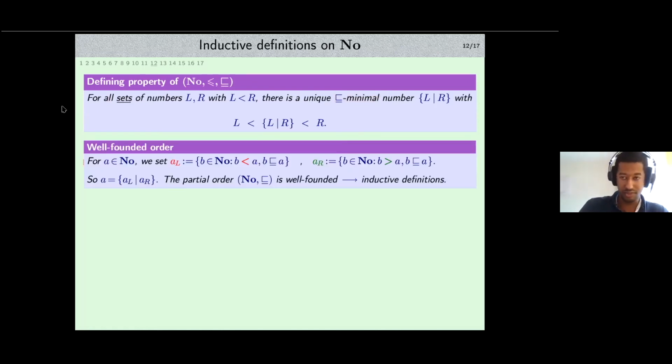This is nice because this allows one to define a lot of structure on surreal numbers in the following way. For each number A, we will consider the set of numbers B that are strictly smaller and simpler. We write it A_L for left, and A_R will be the set of numbers that are strictly larger and simpler.